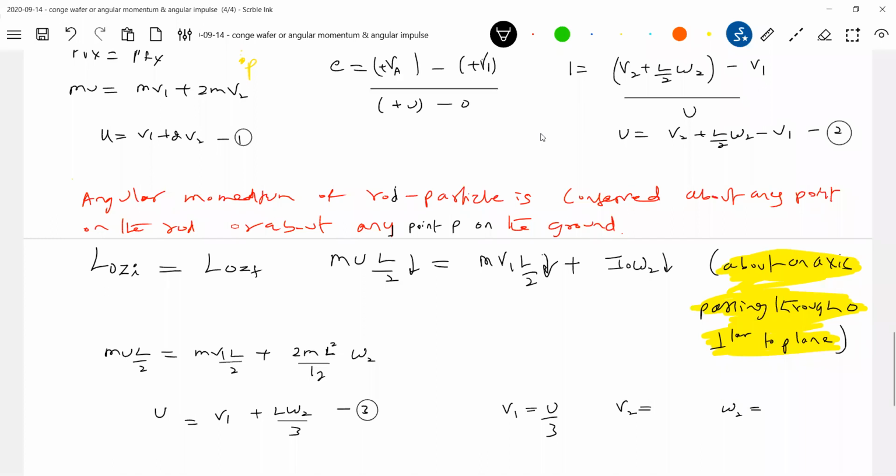Sir, V1 is minus 2u by 3. It will rebound, the collision concepts. Yes, sir, minus. I'll write in another color, negative, no. So solve correctly, because I have to interpret the sign here.